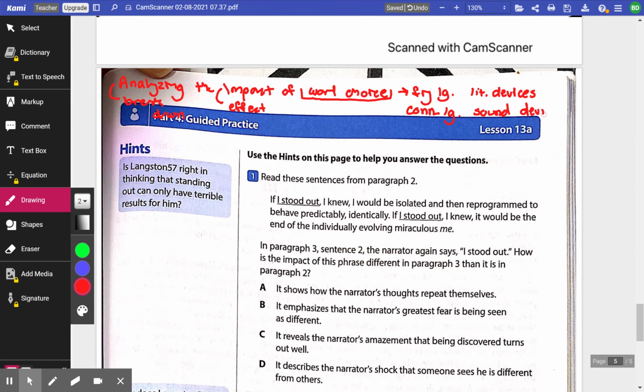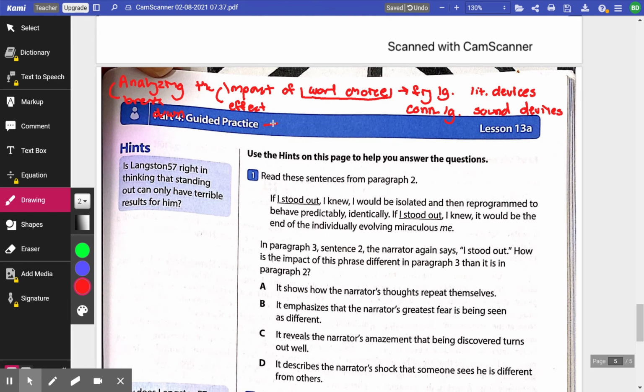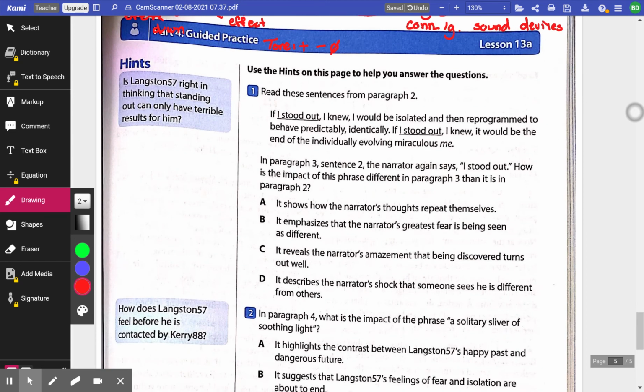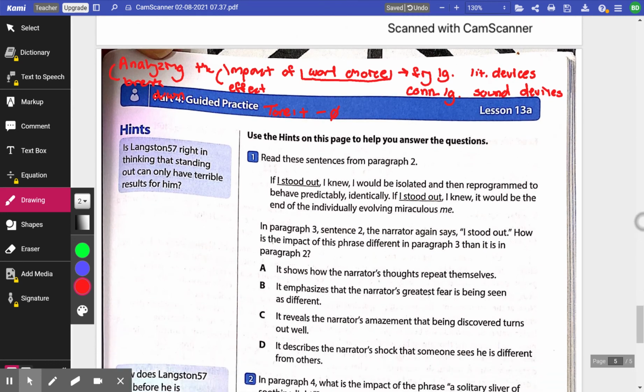The sound devices are really what we're paying a lot of attention to in this lesson. Remember, our sound devices are word repetition, alliteration, and assonance. So that's just a little refresher for you. And anytime we're talking about anything that has to do with word choice, you have to consider tone, whether or not it's positive, negative, or neutral. All right, so I think that's pretty good for our title.